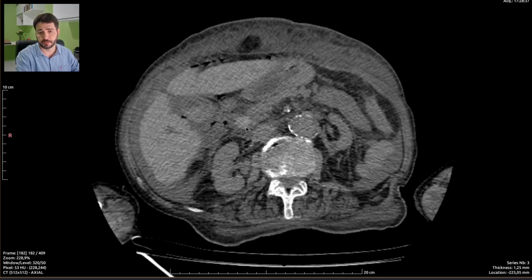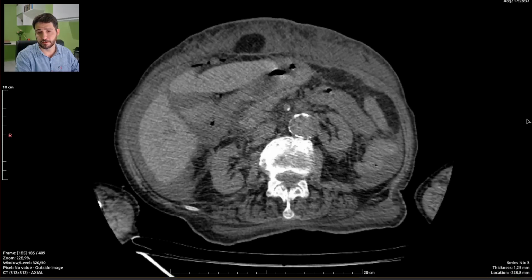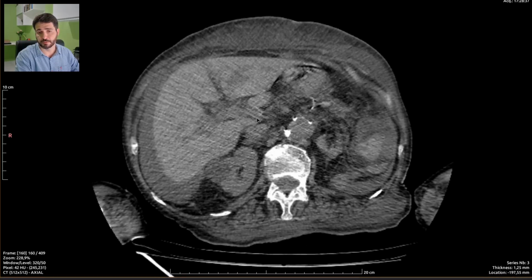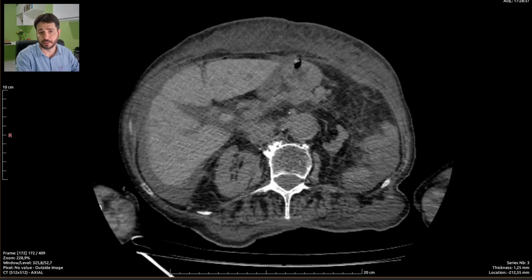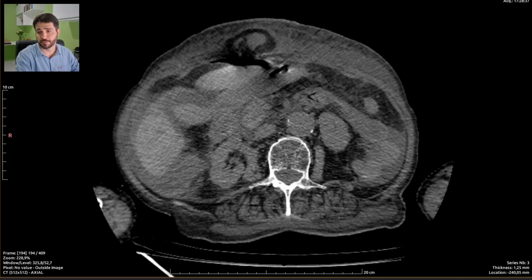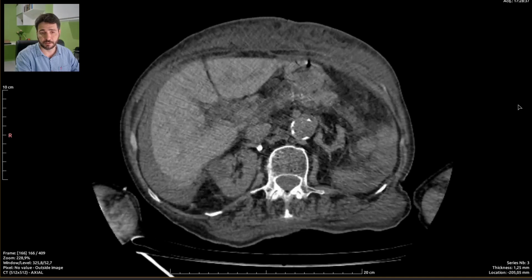No, this isn't. The choledochus is here, the choledochal duct is this one, and the portal vein is right here. This is an unenhanced CT scan, and the stones are hyperintense, hyperdense, hyperattenuating lesions.